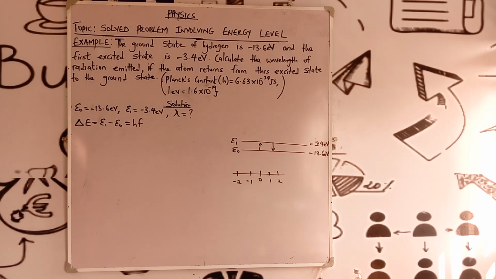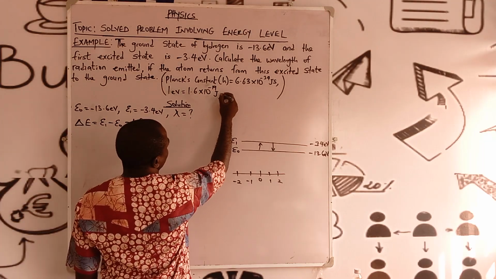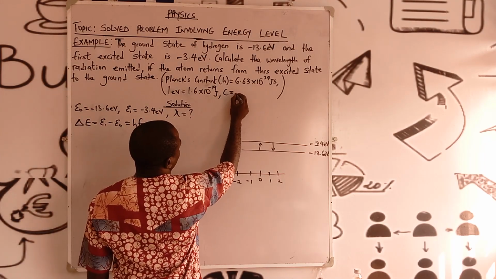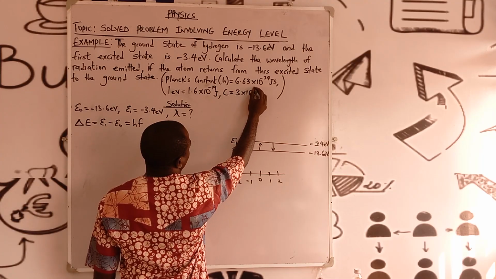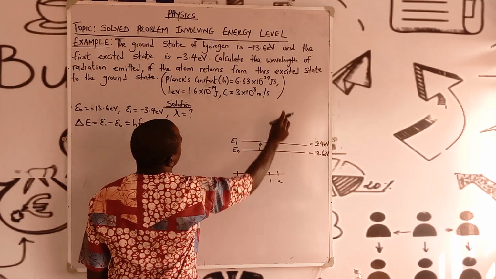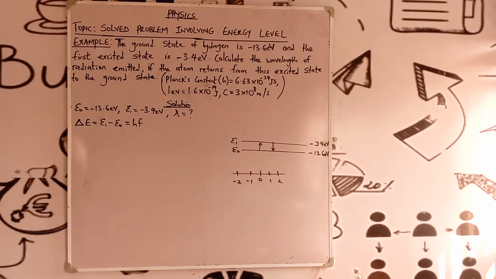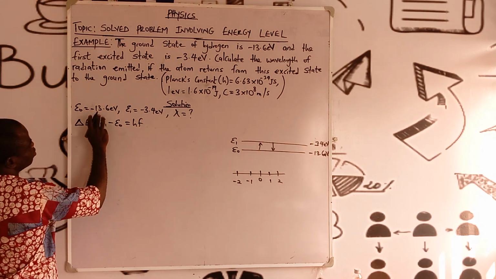It's equal to hf, and don't forget the constant for speed: 3 times 10 to the power 8 meters per second is a constant. Now let's do the subtraction here.